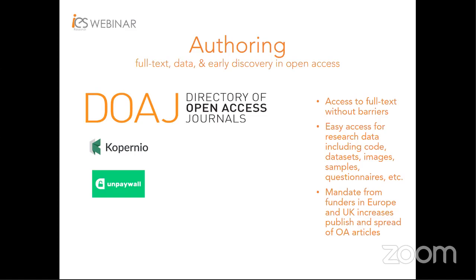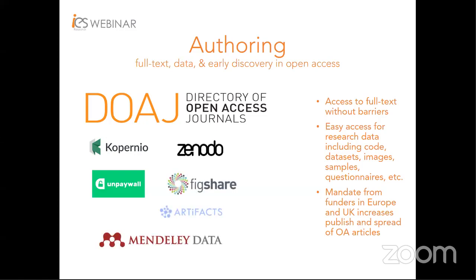Although Plan S is not yet fully implemented until 2021, you may find many research institutions and funders are already following it. As a result, many researchers around the world are opening their research data, and you could find the data in data repositories such as Zenodo, Figshare, Artifacts, and Mendeley Data.